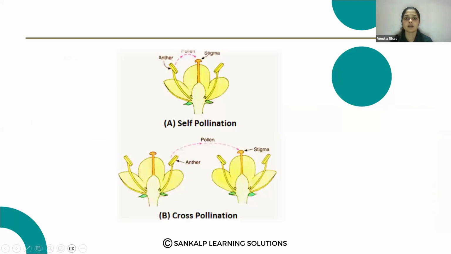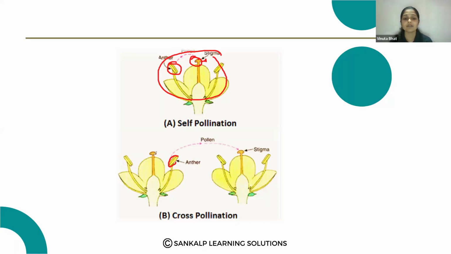Here you can see self-pollination, where the anther and stigma lie close together, and the release of the pollen grain and the stigma receptivity happen at the same time. That is called self-pollination. Now see cross-pollination.